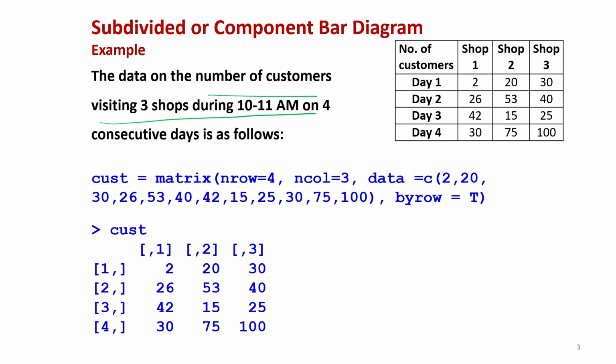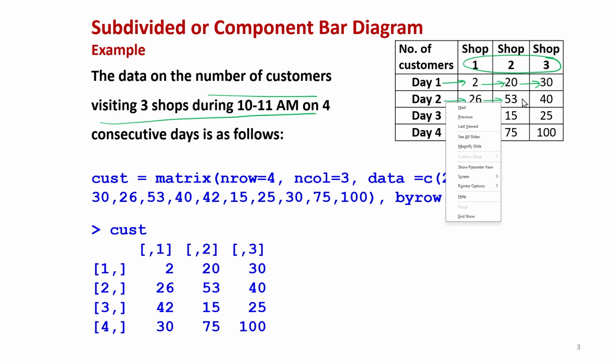There are 3 shops: on day 1, shop 1 has 2 customers, shop 2 has 20, and shop 3 has 30. On day 2, shop 1 has 26 customers, shop 2 has 53, and shop 3 has 40. On day 3, we have 42, 15 and 25 customers in shops 1, 2, 3, and on day 4, we have 30, 75 and 100 customers who visited shops 1, 2 and 3.